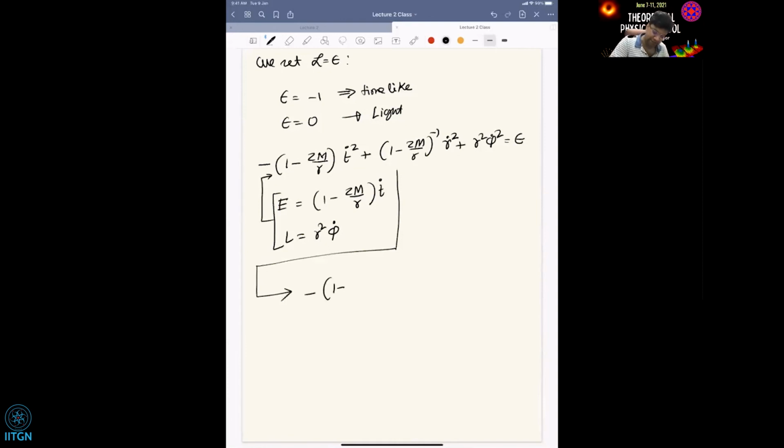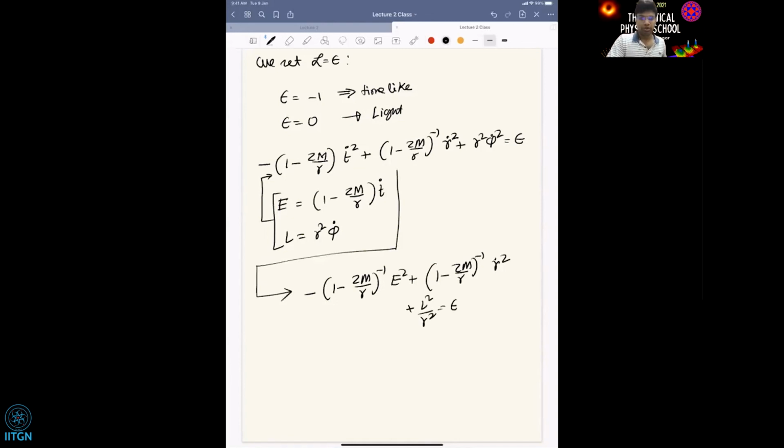This is simple algebra, I'm sure you'll be able to do that even better than me, so I'm not doing it. Minus 2m by r whole inverse r dot square plus L square by r square equal to epsilon.